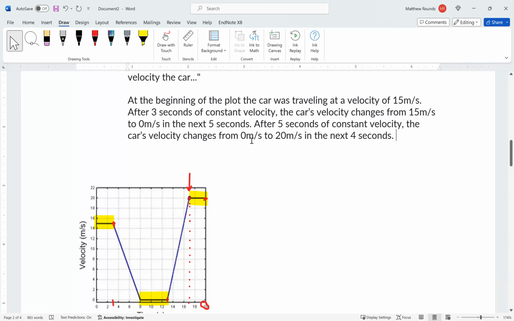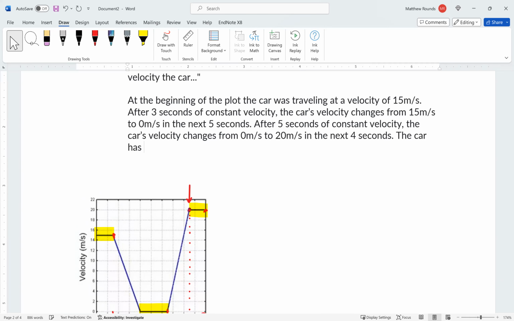Let's just read the sentences. We just mentioned that there's a constant velocity. There we go. The car has constant velocity for the last 3 seconds.